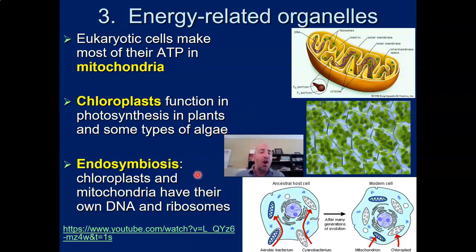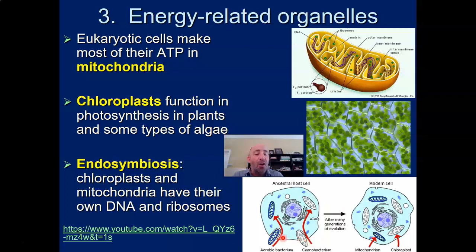Another term that you should know is the theory of endosymbiosis. It is the idea that at one time, chloroplasts and mitochondria lived on their own as prokaryotic organisms. So endo means in, symbiosis means working together. It's the idea that at some point, mitochondria and chloroplasts lived on their own.